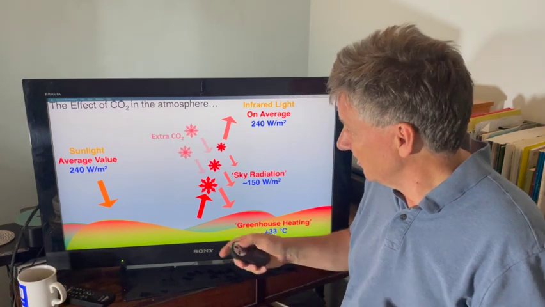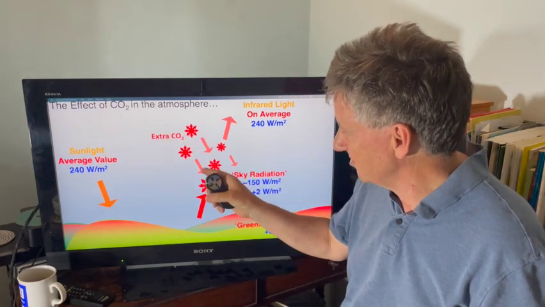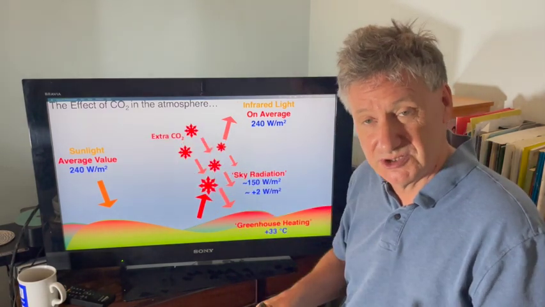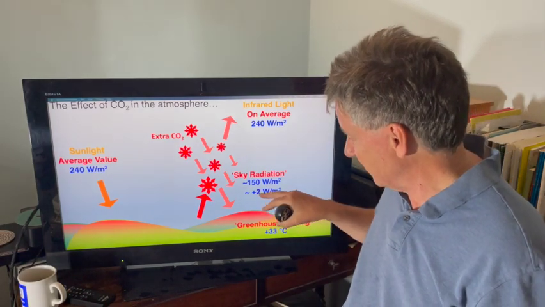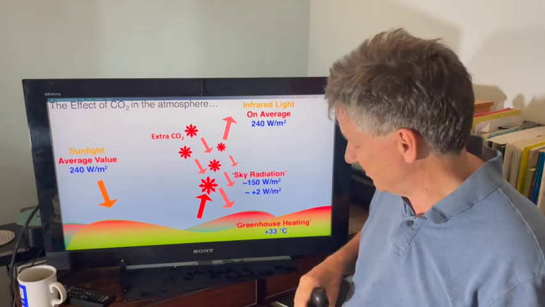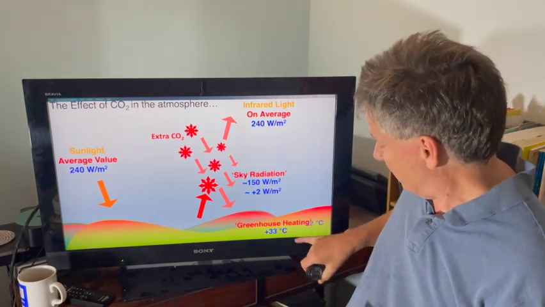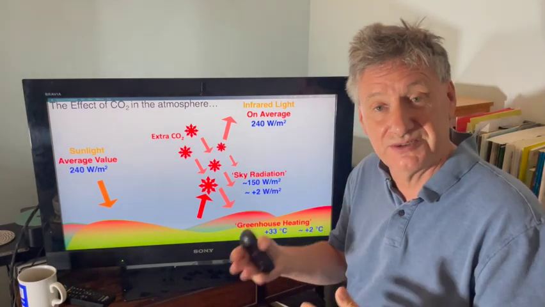And what we're doing is we put this extra bit of CO2, there's about 50% more CO2 than there was, and that's providing a little bit extra sky radiation, just over 1% of extra sky radiation, and that's causing the Earth to heat up by a degree or so.